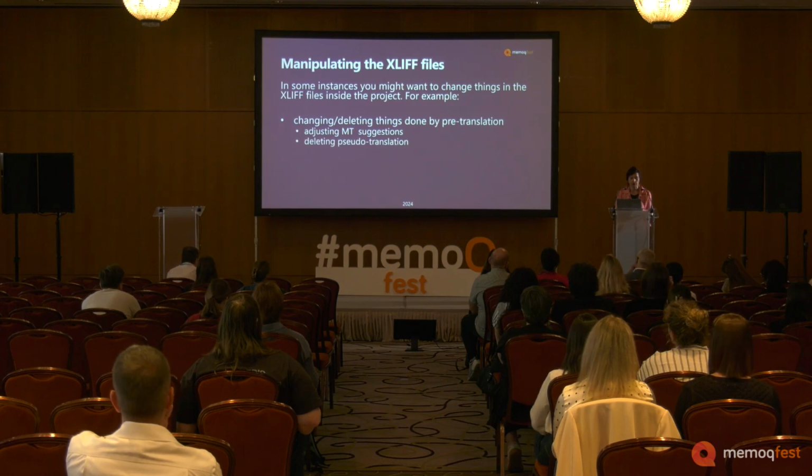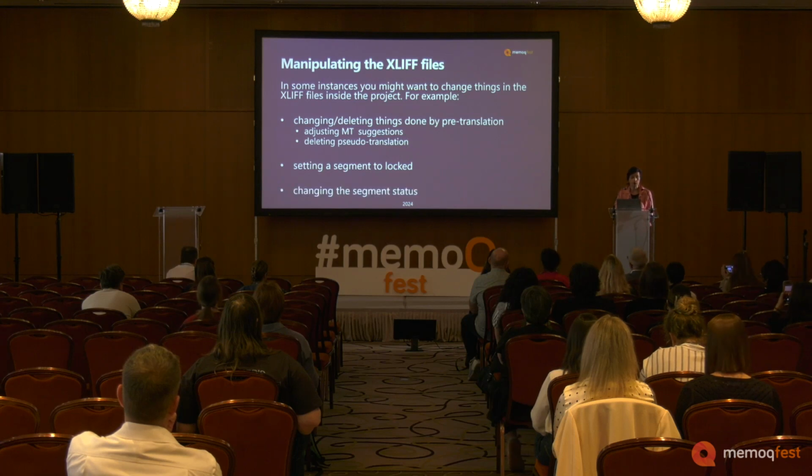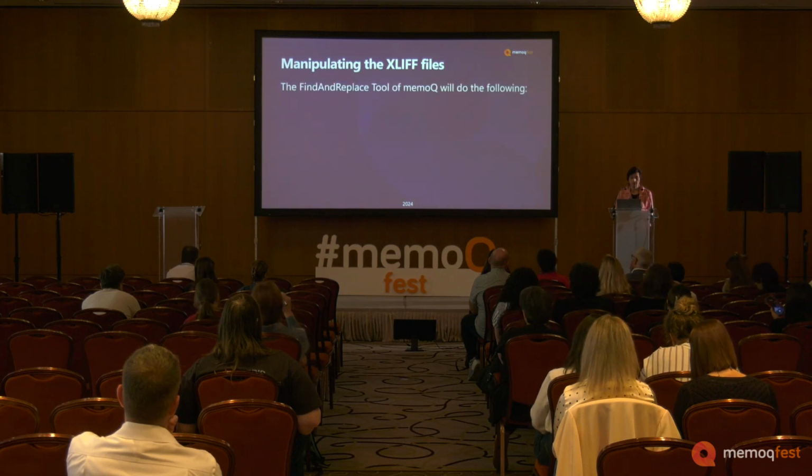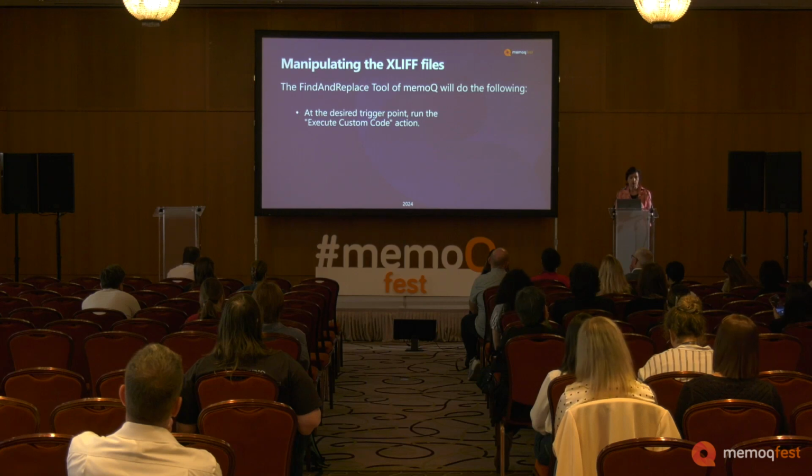The pseudo-translation I just explained. You could set segments to locked. That's one of the examples that memoQ gives you in the online help, to lock segments that only contain numbers, for example. Or you could change the segment status, if that is necessary for whatever reason. So what the find and replace tool actually will do, it will, at the desired trigger point, like after a pre-translation, when you get the file back from the translator, whatever point in the project you want to use, you run the custom code.